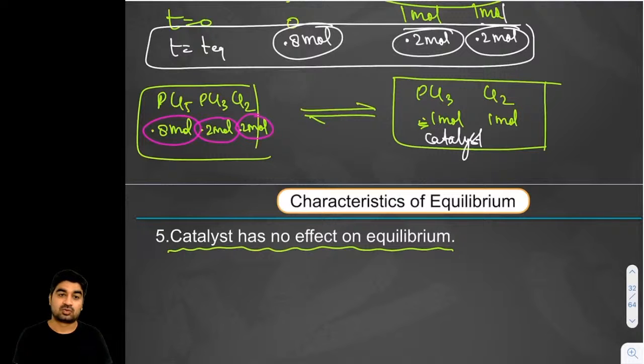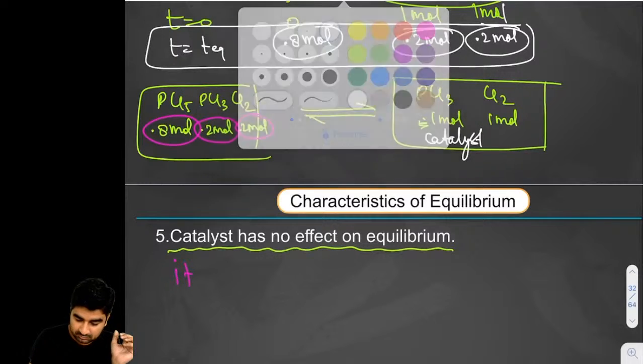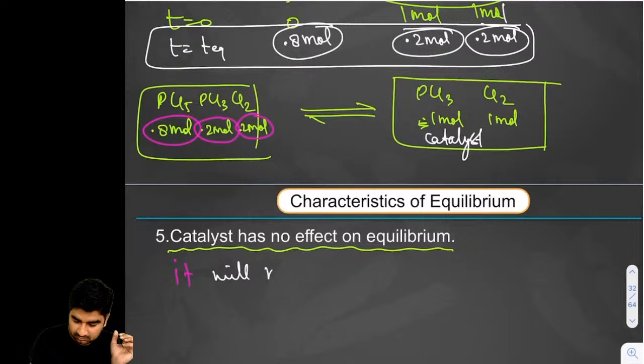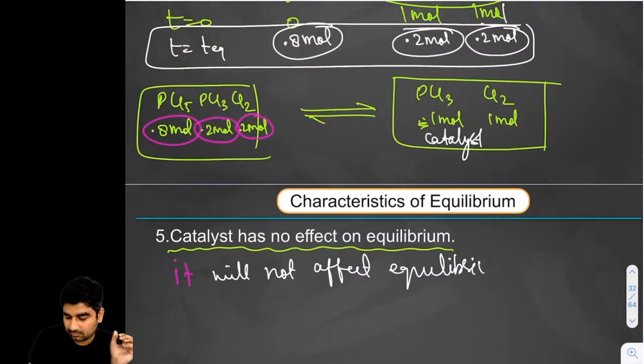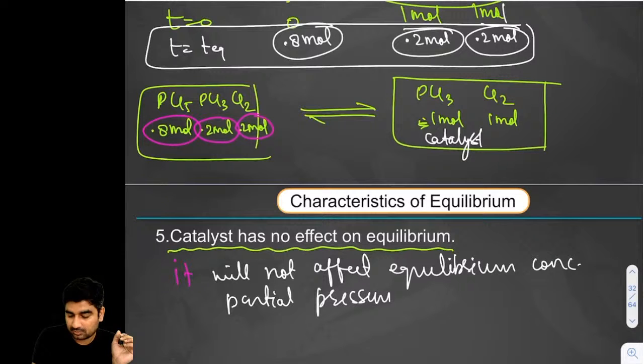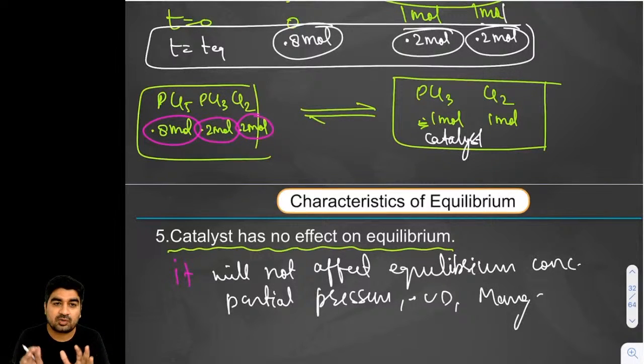It will not affect equilibrium concentration, equilibrium partial pressure, vapor density, M average, anything. If you are using a catalyst, it will not affect anything.